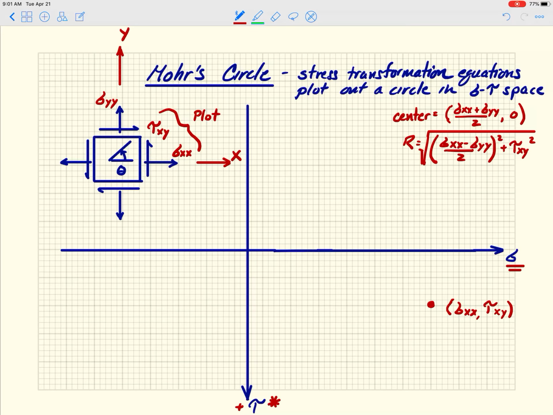And again, if we do not take it as positive downward, a clockwise rotation on the stress cube is going to be a counterclockwise rotation on the Mohr circle. So we've got to make sure that if we do it this way, they have the same direction of rotation. Okay, so that's step one.